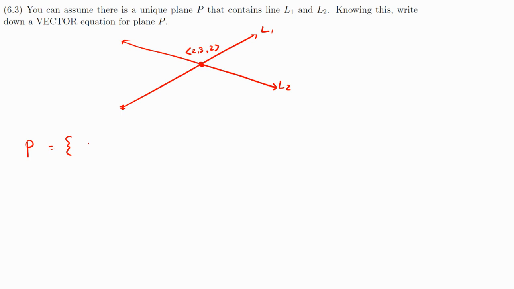Okay, so P is then a point of origin, and that is 2, 3, 2, and then plus, let's say, T. And then we have to choose a point on one of these lines, so one on this line and one on that line.